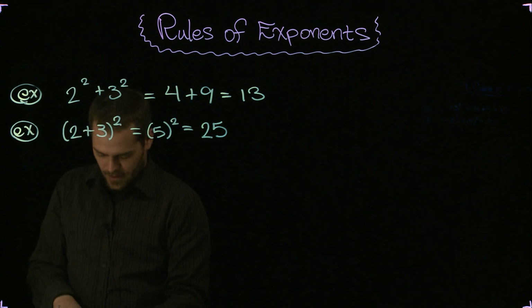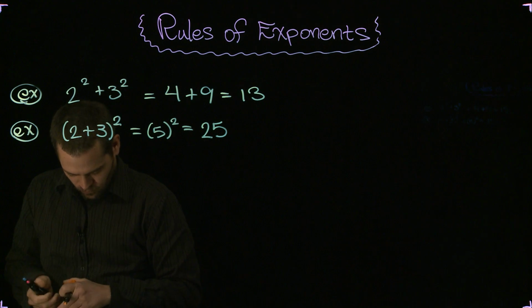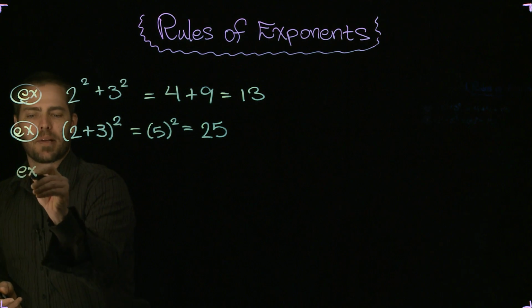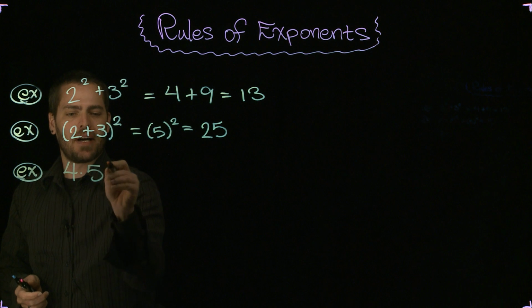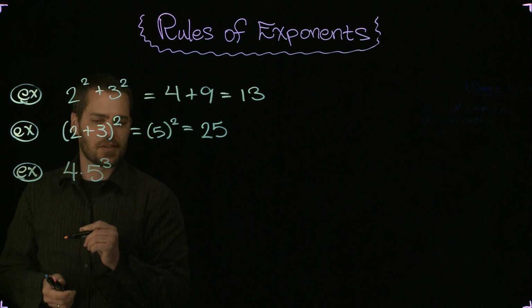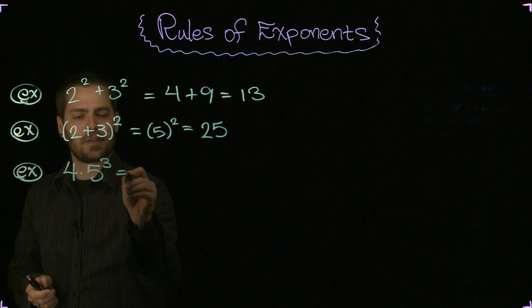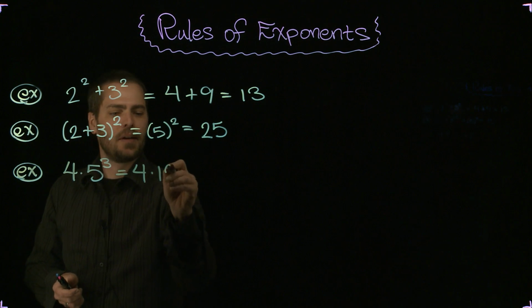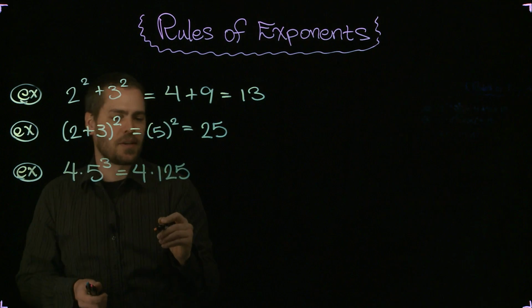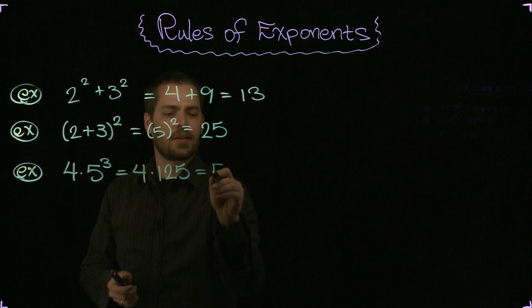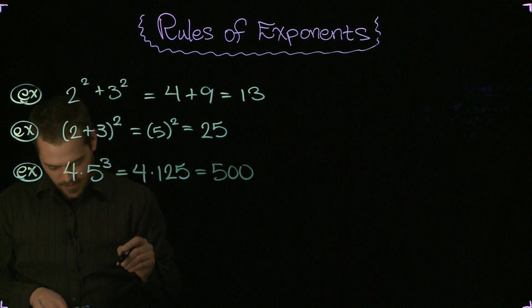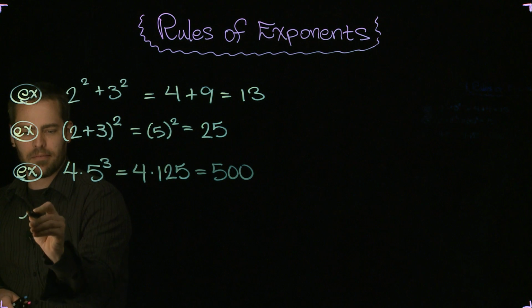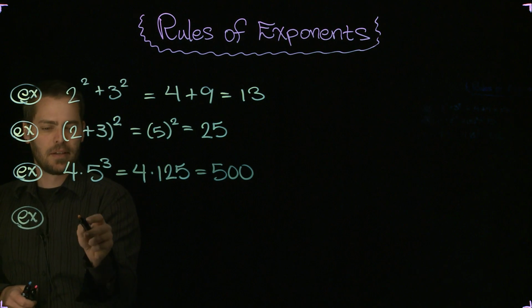So let me go on. How about, let's multiply something. 4 times 5 to the third power. Again, this is just an order of operations game. Exponents first. This becomes 4 times 125, which gives me, looks like 500. Okay. How about more fun with this? A fraction to a negative power.